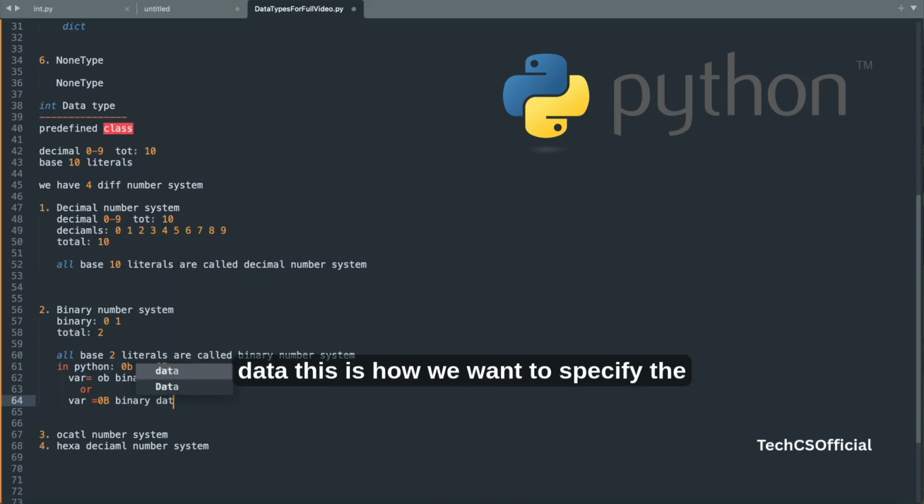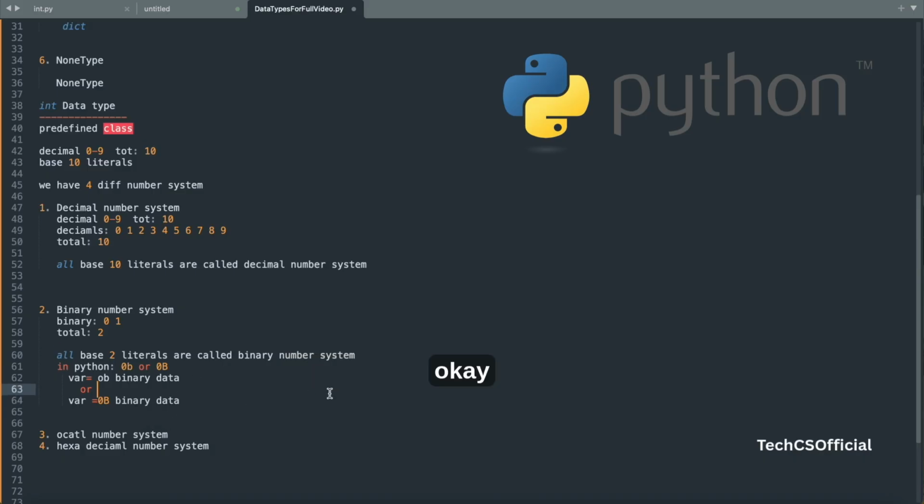This is how we specify the binary format.